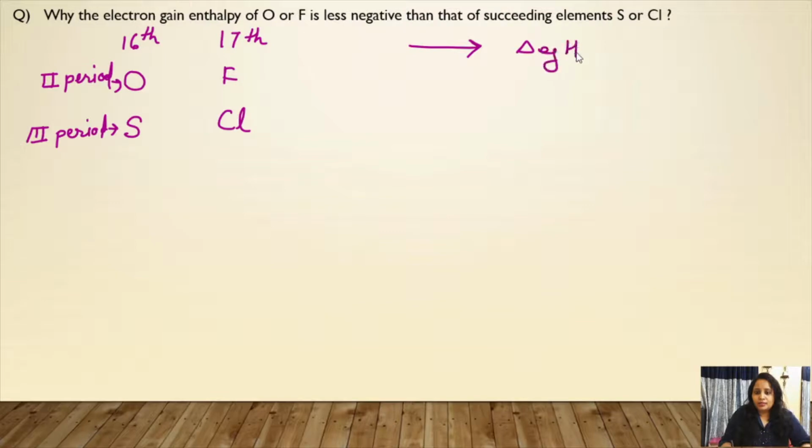Delta EGH will increase, and from up to down, delta EGH will decrease because of the size.